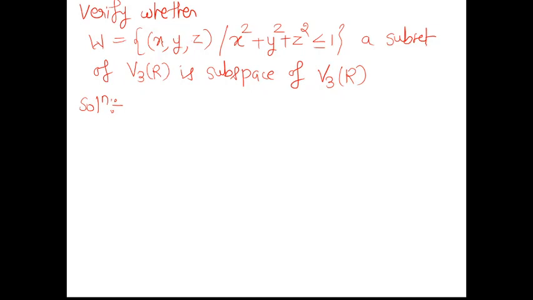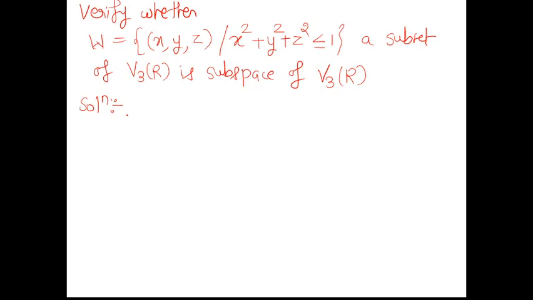Here you can see the triplets are denoted by x, y, z. We can have x, y, z, or a, b, c, or x1, x2, x3. Any notation can be taken, right? So W contains triplets. What type of triplets does it contain? Those triplets where, if I take the square of each component and add them, the result should be less than or equal to 1.